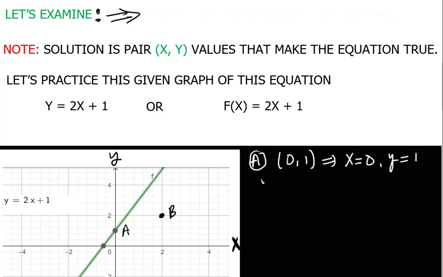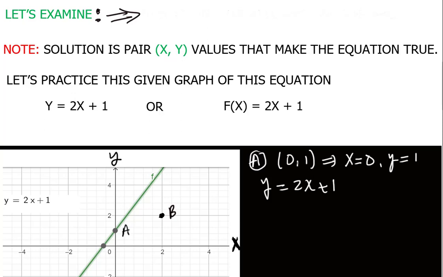Let's rewrite the given equation, which is y equals 2x plus 1. You have seen direct substitution before, so we will use it directly. Where we see y, we will substitute 1, and where we see x, we will put 0.